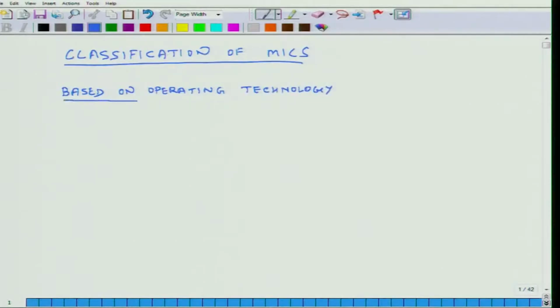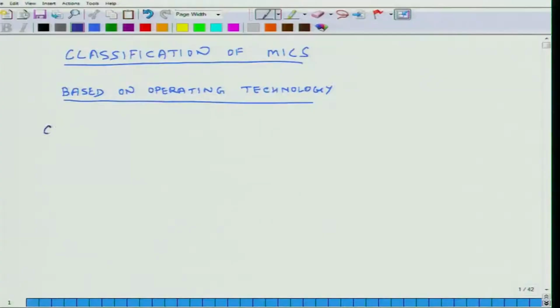So we will classify based on how they actually work. The first type of microphones came into existence way back in time, in the late 1800s, and they were known as carbon microphones.